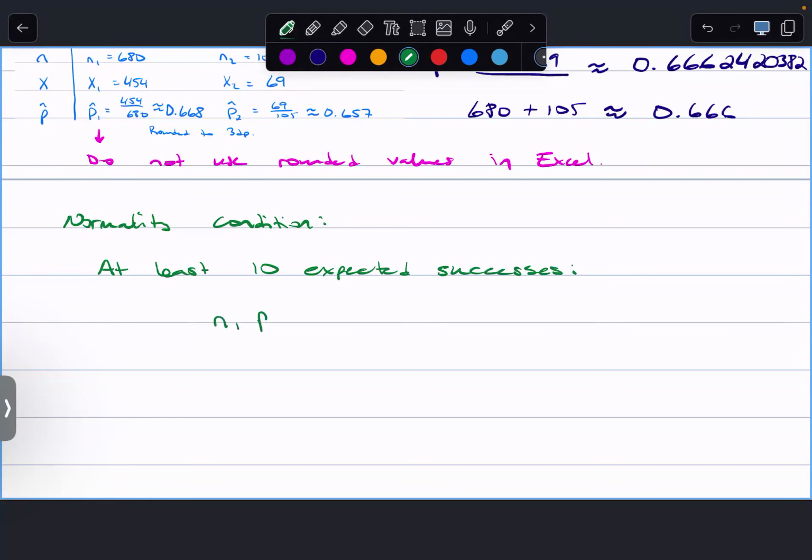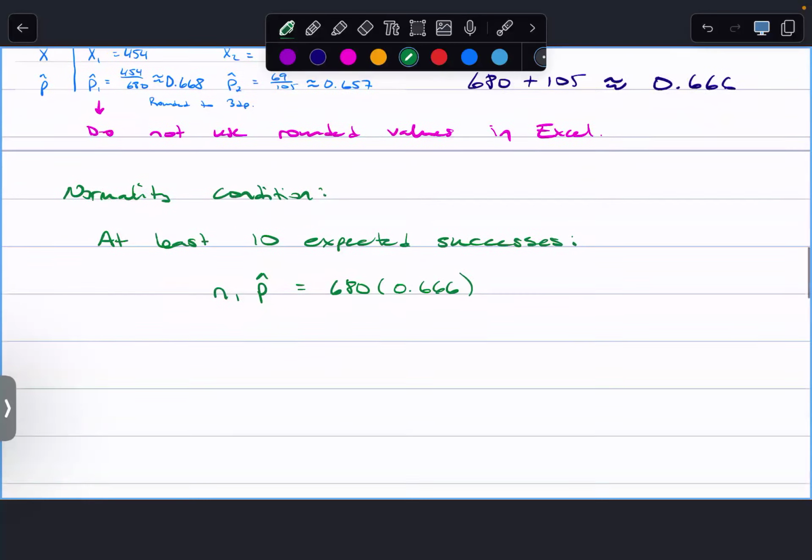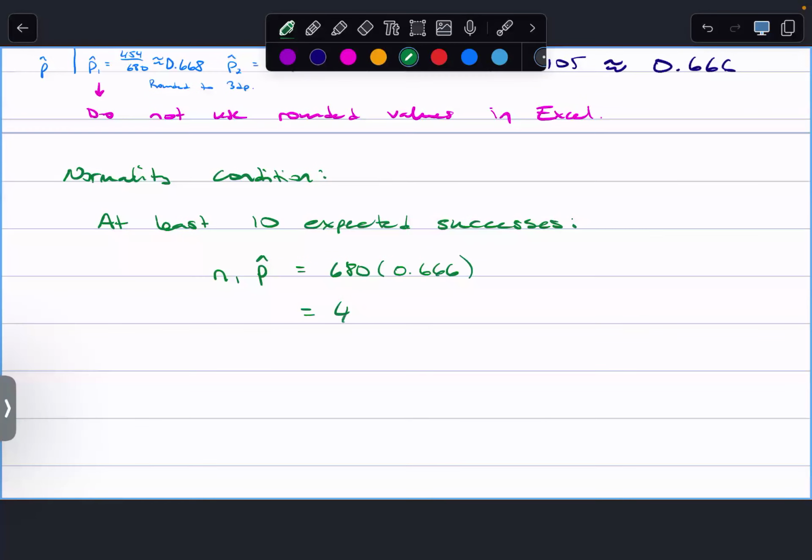So I have to have N1 times p hat, because that p hat is what I use to find my expected successes. And so I have 680 times 0.666, which is definitely going to be larger than 10. Let's say 452.88, which is greater than or equal to 10. All of these will check out, right?